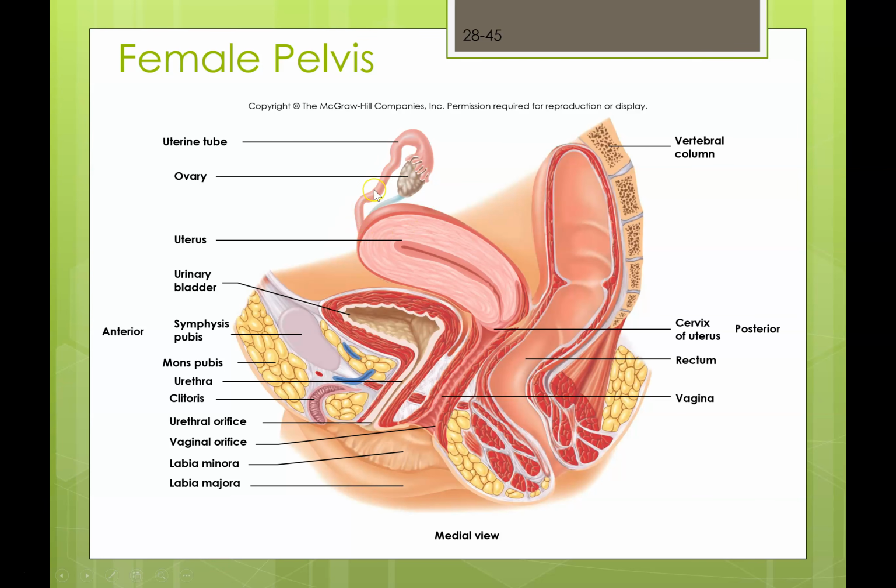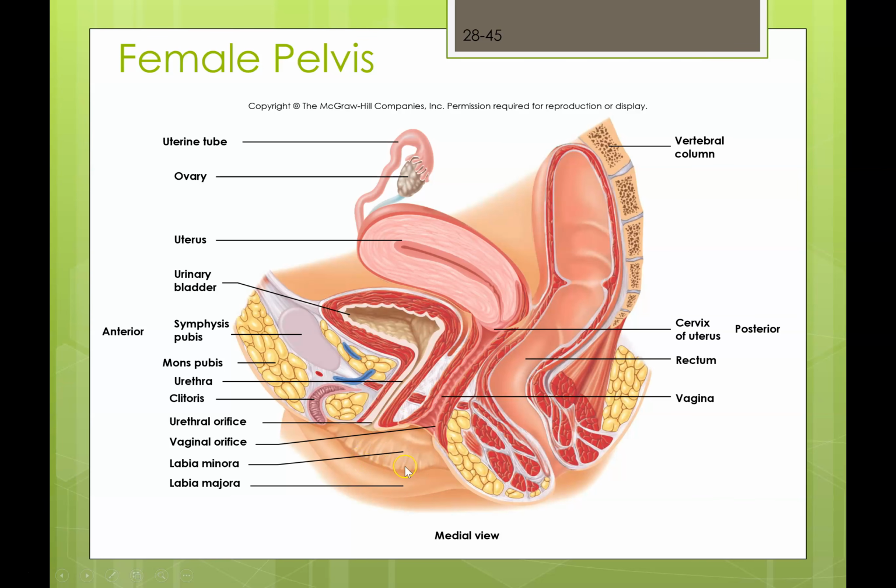We see the fallopian tube or the uterine tube. And over here, this tan-like structure is your ovary. This is just a ligament that we will discuss in a moment. Moving back inferiorly, you can see the last canal or opening we will have is the anus and anal canal and the rectum over here.